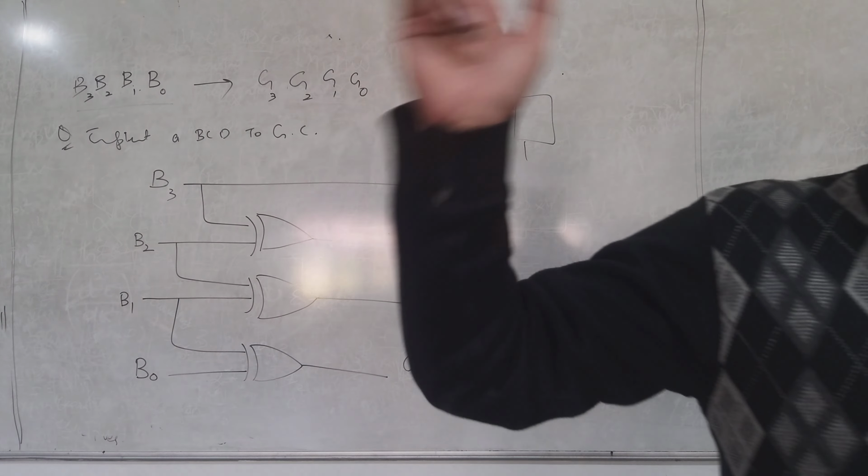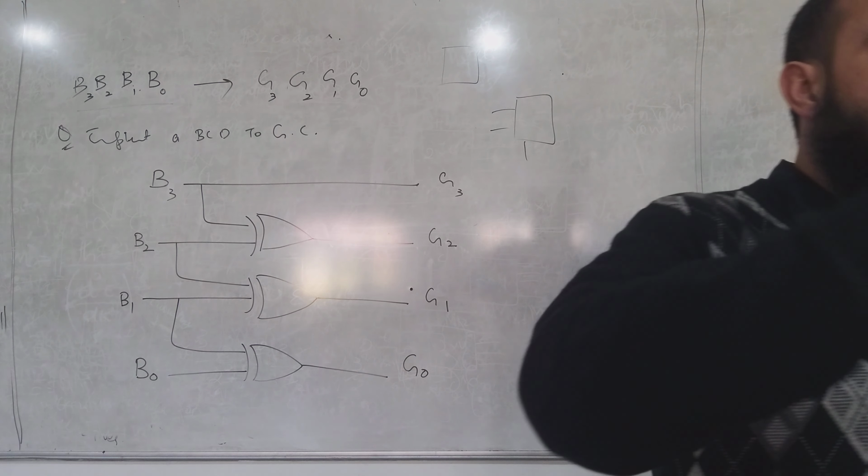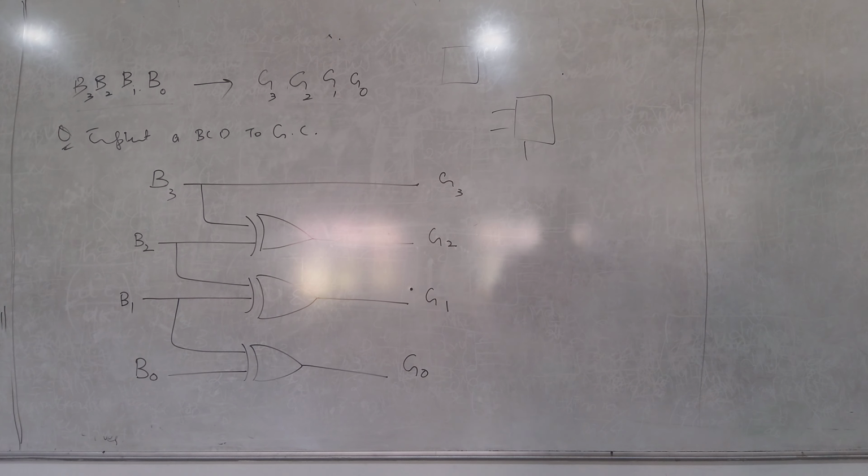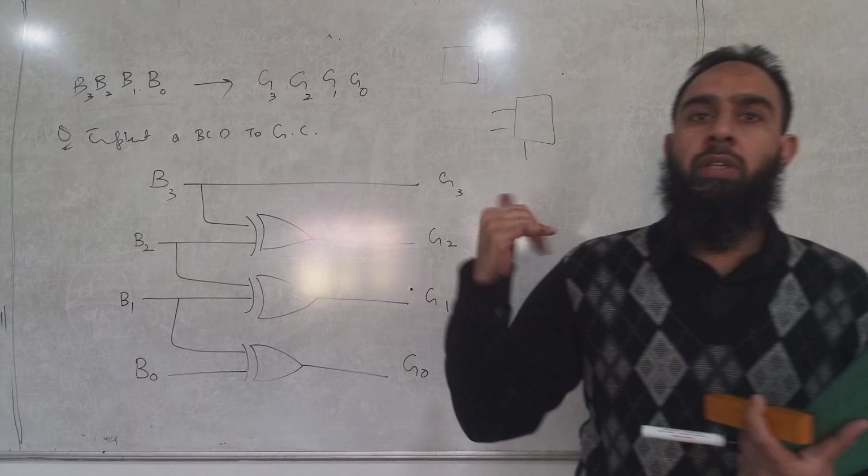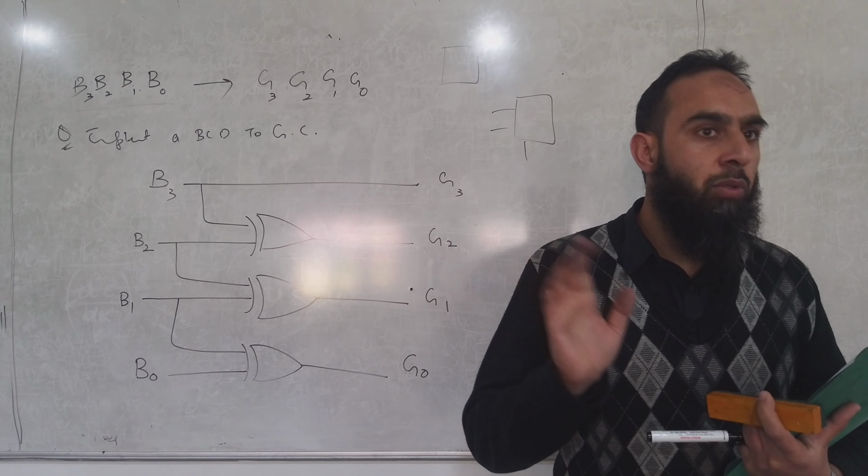Why I am telling you this is because this is a heading in our syllabus, code converters. You can relate it to the previous lectures we have done. If a question comes on it, maybe we have that knowledge by this time. If you still have some questions, you can come to me, but we will cover that. Is that okay?